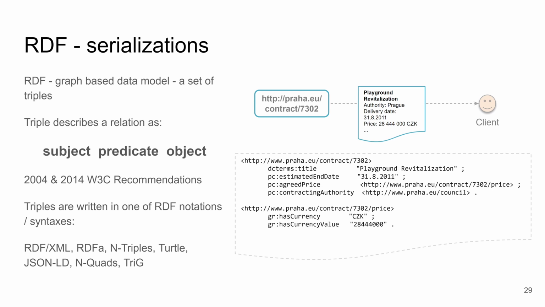And we can see that we still have the subject, which is the public contract 7302, and then we have all the statements about this public contract. And the next to last one, the agreed price, connects to the URI of the price specification, which then continues in the bottom part of the data. So again, it plays the role of a subject, and we have 2 more statements about the price.